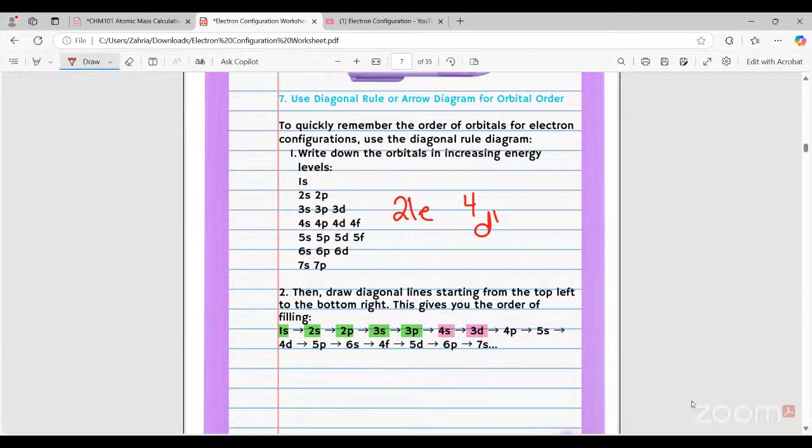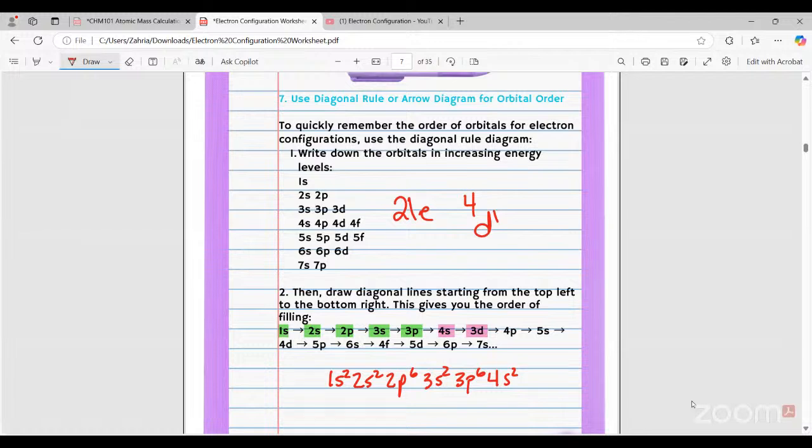So right here, I'm going to write 1s2, 2s2, 2p6, 3s2, 3p6, 4s2. Now I'm going to stop right there.